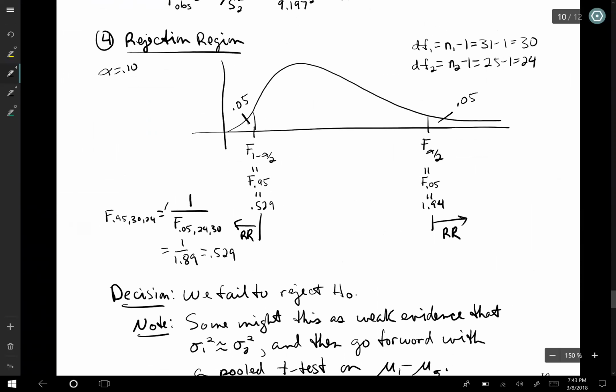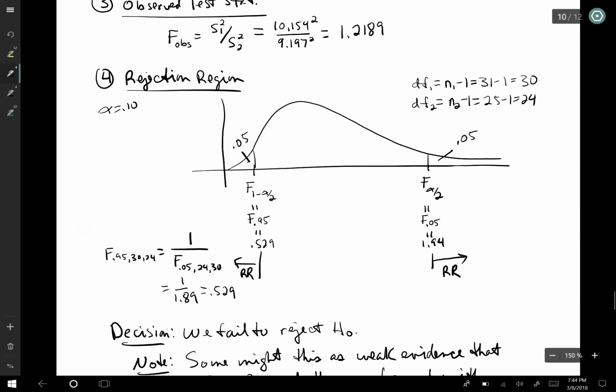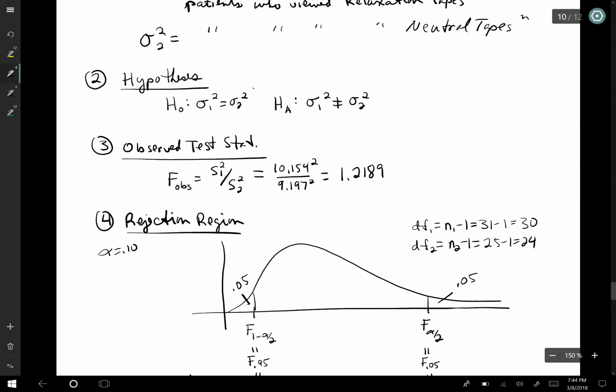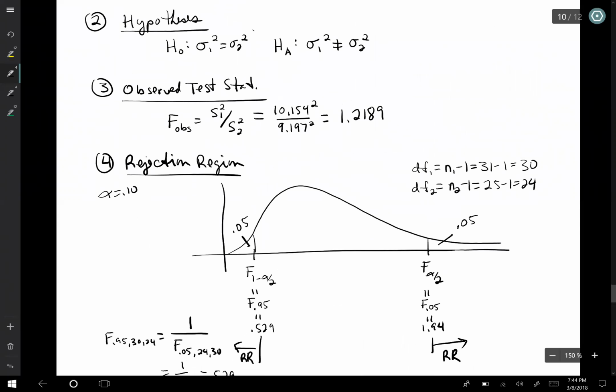This was a two-tailed test, and so we had to consider a lower F percentile that would start the rejection region in the left tail, in addition to the upper tail percentile. Okay, so only do 1 over what you find if it's a two-tailed test.